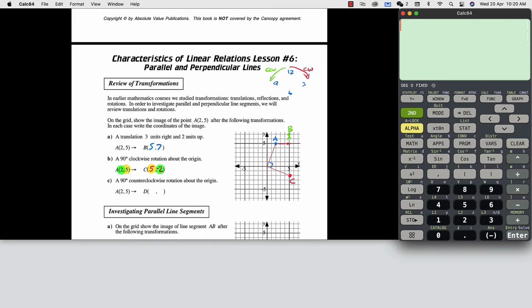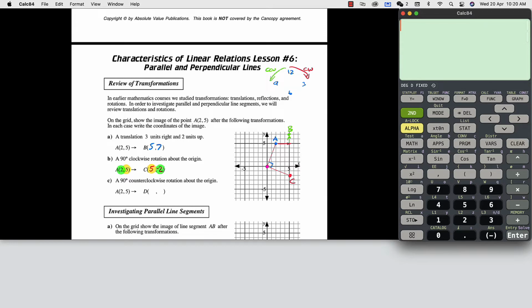The next one says let's take point A and rotate that counterclockwise about the origin. Now remember, the origin is right here at 0, 0.